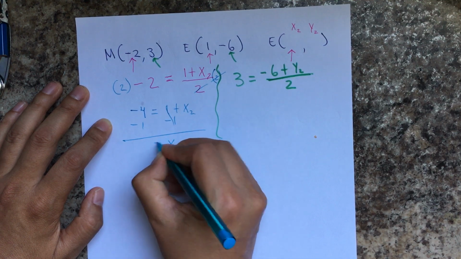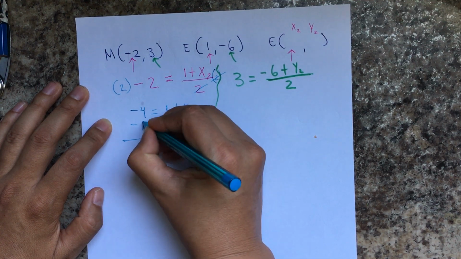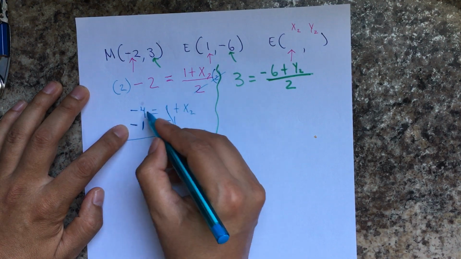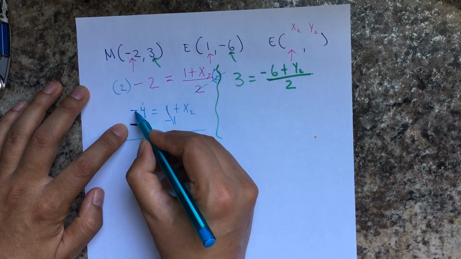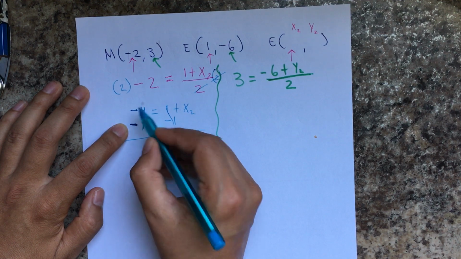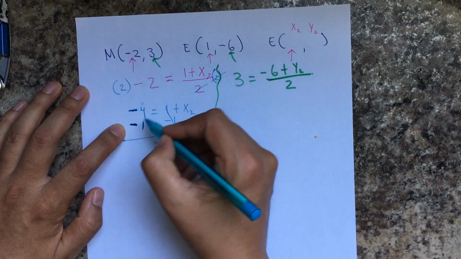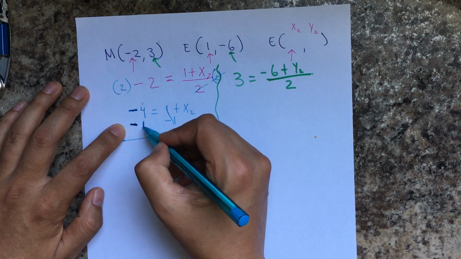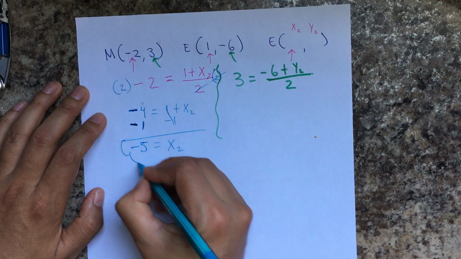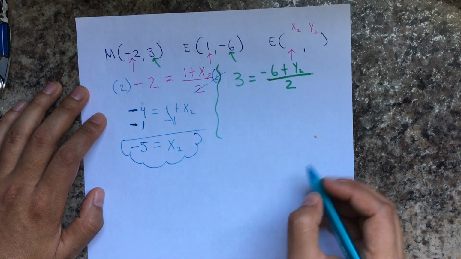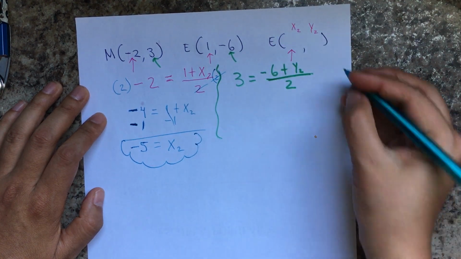And so x2 is equal to, carefully here, when we have negative 4 minus, it doesn't mean necessarily that we're going to subtract, okay? Remember that if we have the same signs, we add. So negative 4 and negative 1 become negative 5. Okay, so that's my x2. I'll put it in a minute.